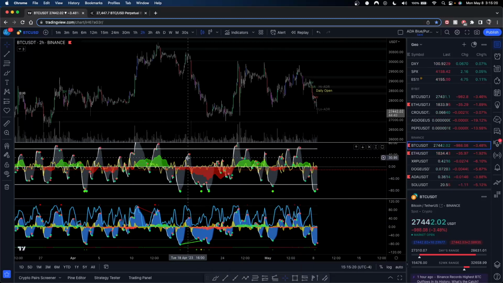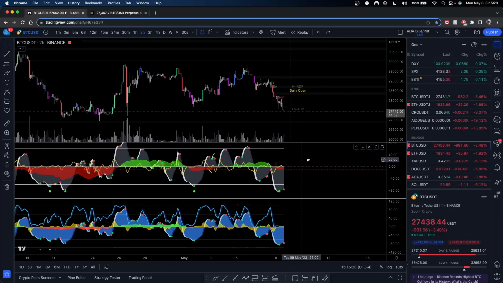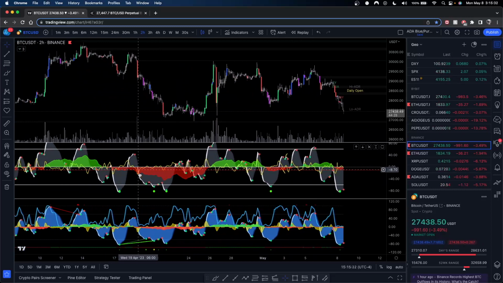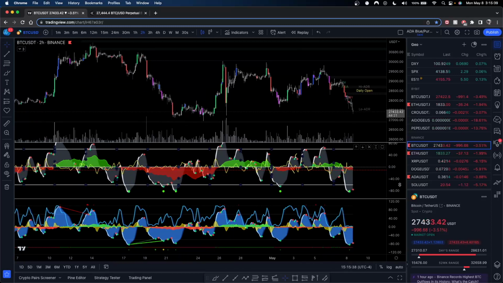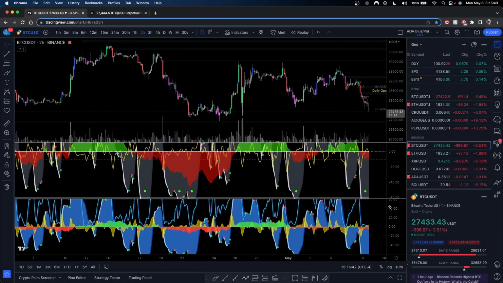I believe Market Cipher is worth it just because the money flow is a lot more accurate than Fu Manchu's money flow and really any other copy of Market Cipher B. So the waves and such are pretty accurate between the two indicators, but the money flow you can see is very different, right? So if I zoom in here and I zoom in here, we have different peaks, we have different valleys.